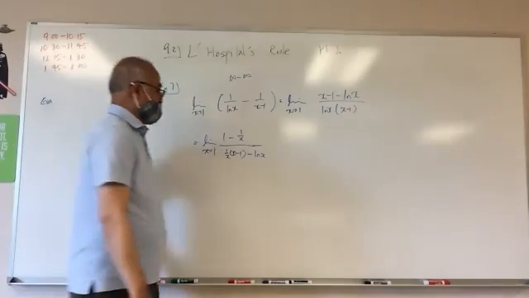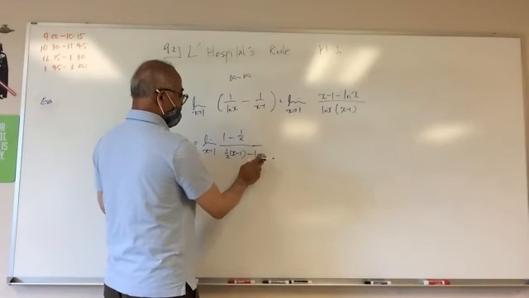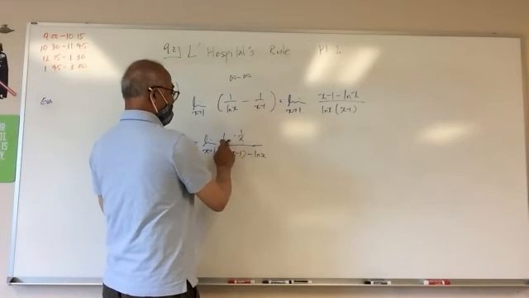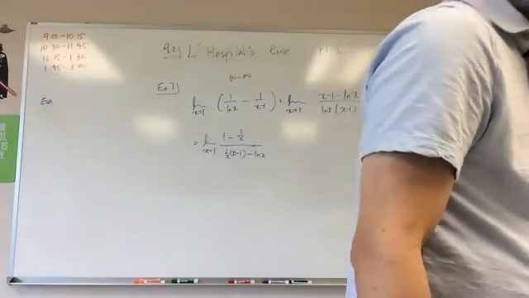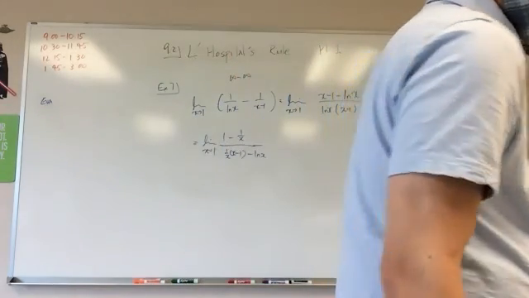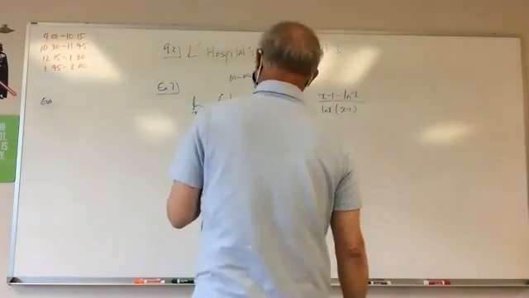So what do I get here? I get 0 minus 0, I get 1 over 0 again. So I have to take the derivative one more time.